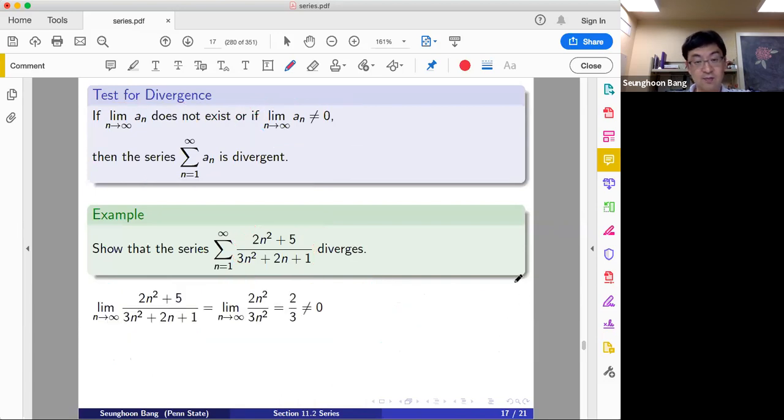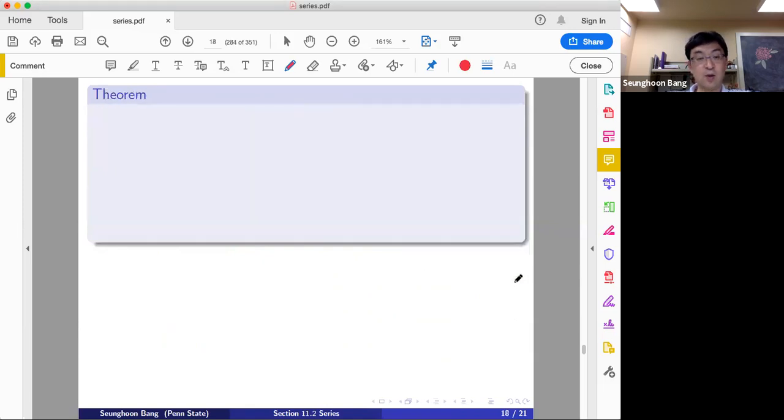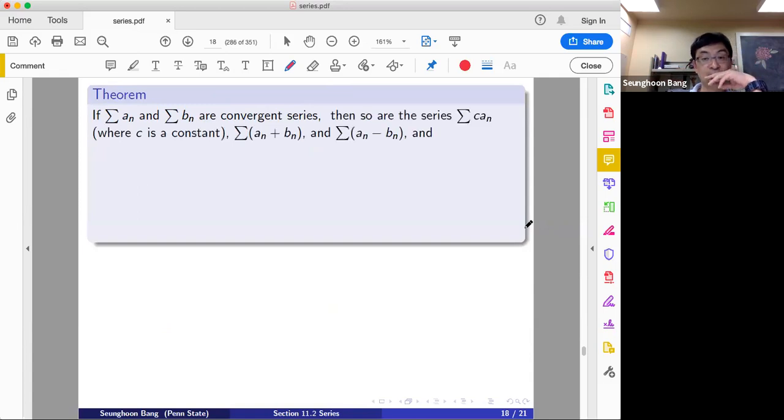Here, like this. So we have it. Next one. We think about one theorem. If summation an and summation bn are convergent, then the series summation of c times an, where c is a constant, summation of an plus bn, and summation of an minus bn are also convergent.